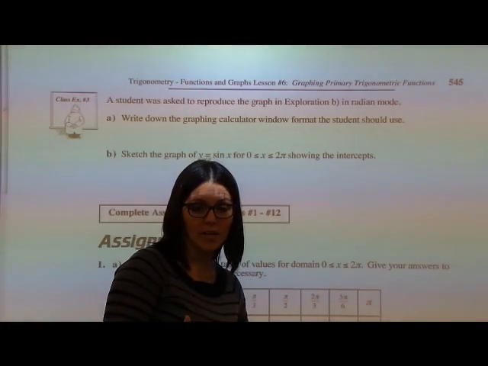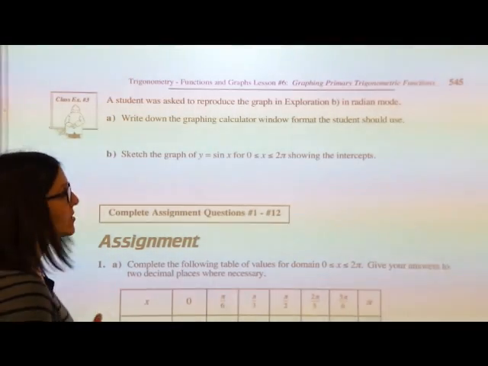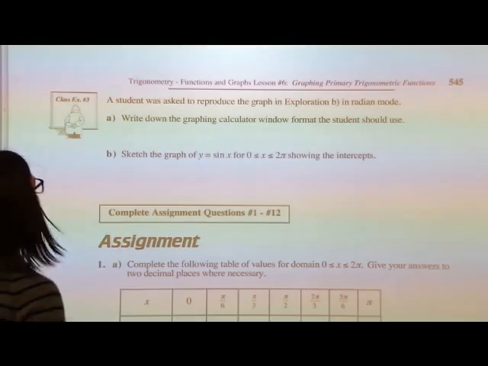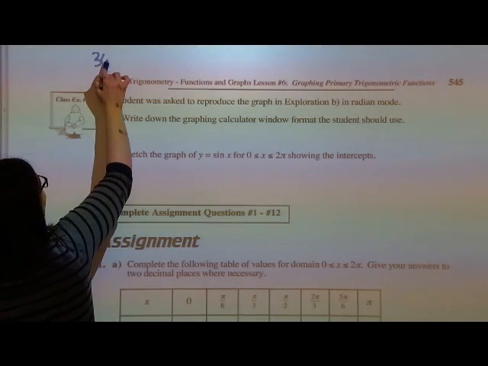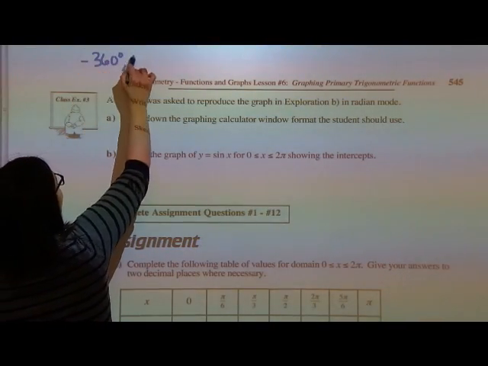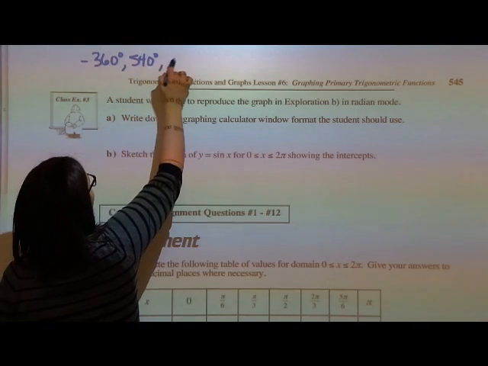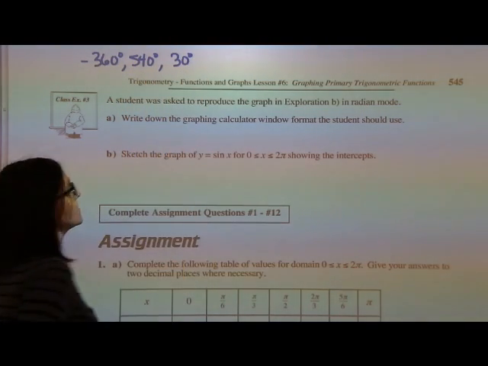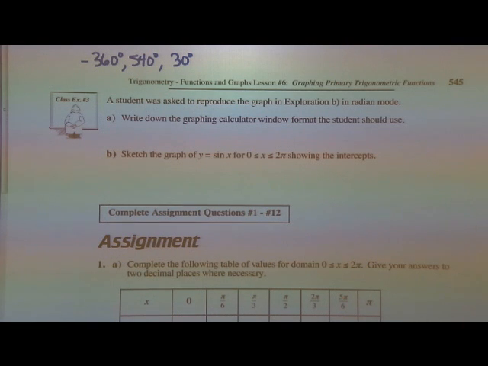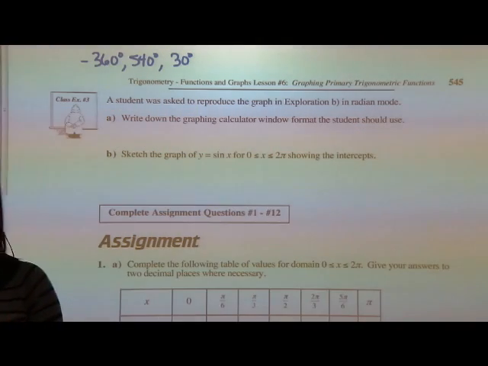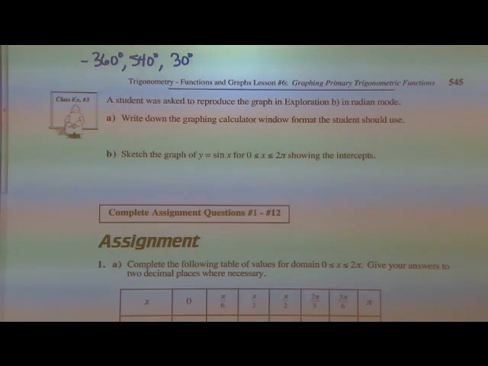So from exploration number 2, my window settings were from negative 360 degrees to 540 degrees, going up by 30 degrees. And I want to change each of those into radian measures. So again, pause and take a couple of moments to figure out what those radian measurements would be.